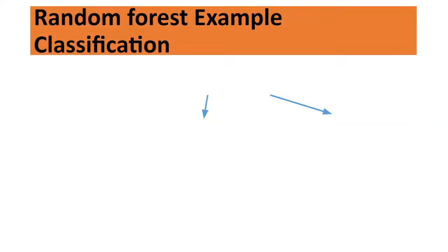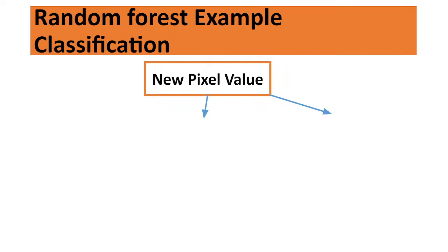Now we take a practical random forest example. Suppose there is a new pixel value, and I don't know if it is water or vegetation.